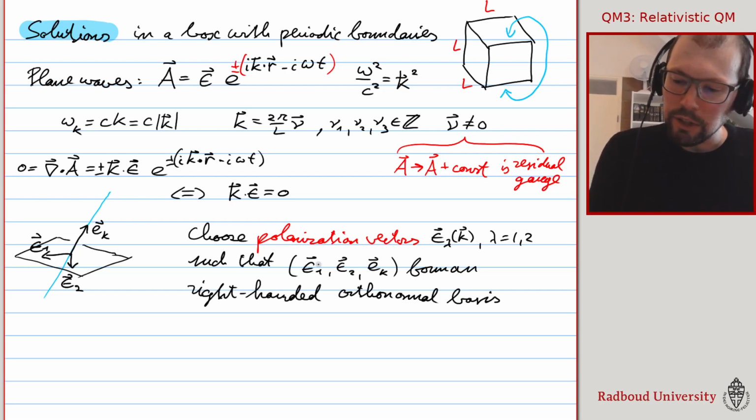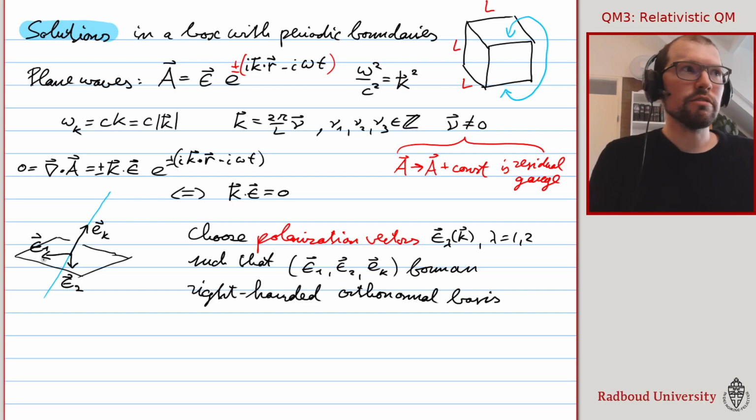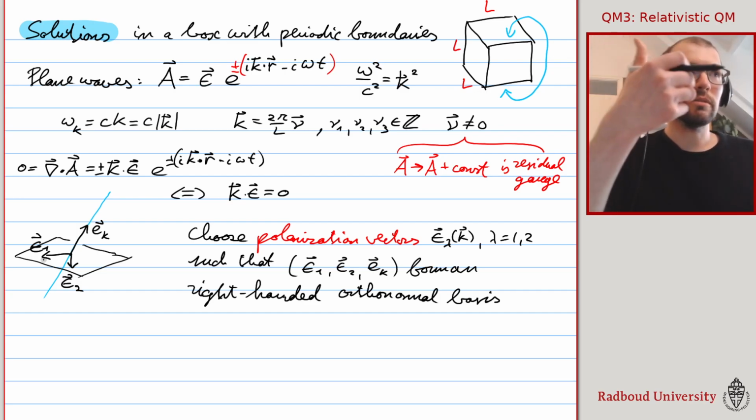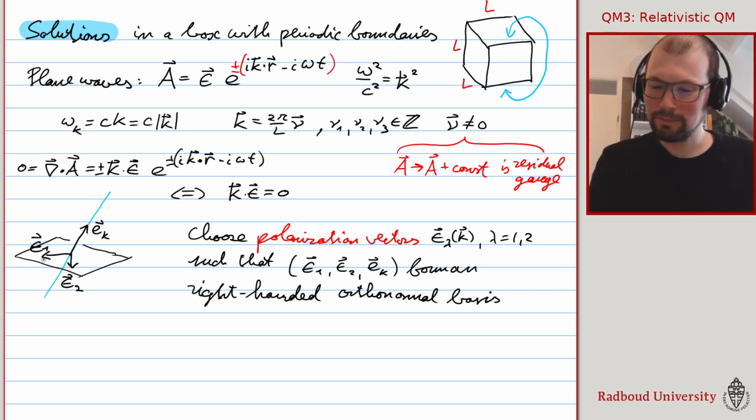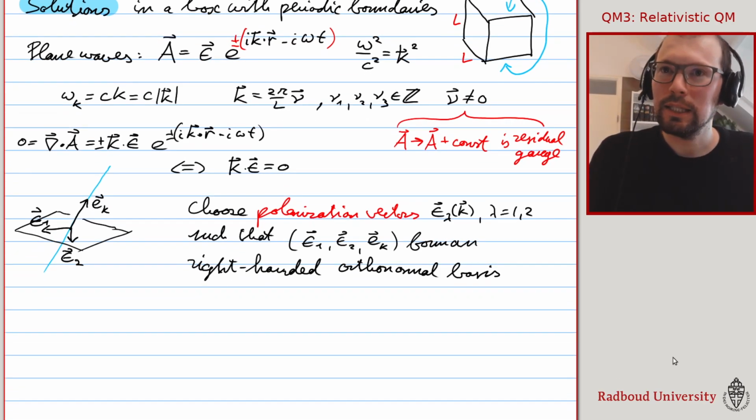So what does that mean? It means that these 3 vectors satisfy the right-hand rule. You know how this works.